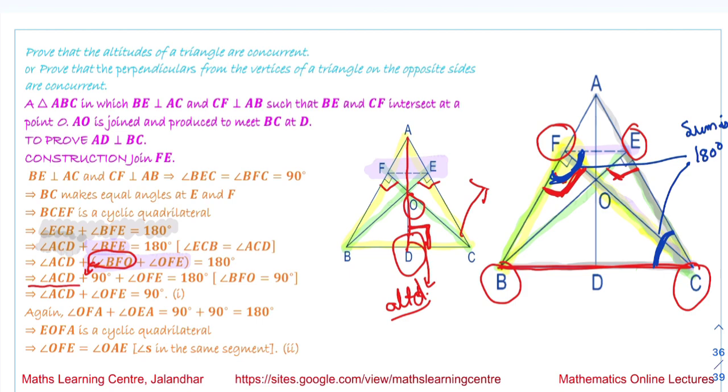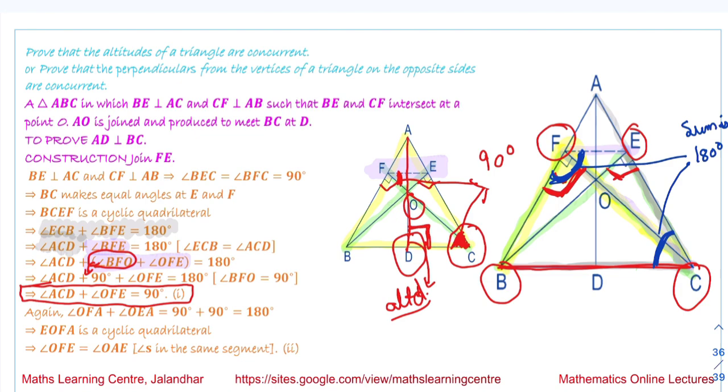So we get that angle ACD plus angle OFE, the sum of these two angles, is not 180 degrees, but it is 90 degrees.